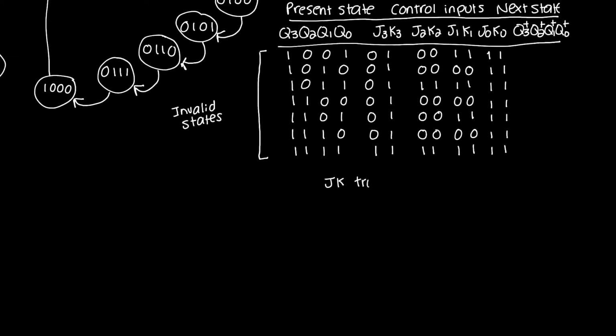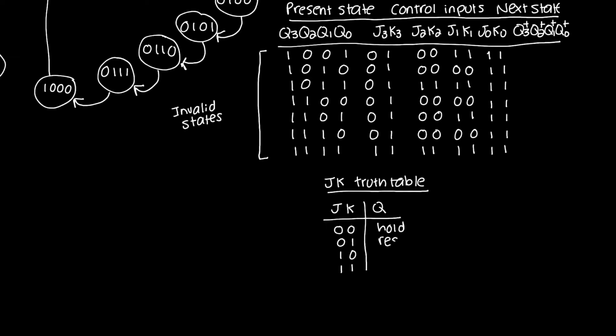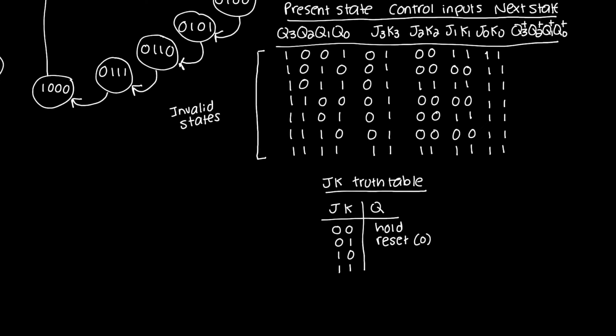So let's put the JK truth table. We have J, K, and Q, and I have 4 different combinations of J and K. This is the hold condition. This is the reset. In other words, Q is going to be 0.